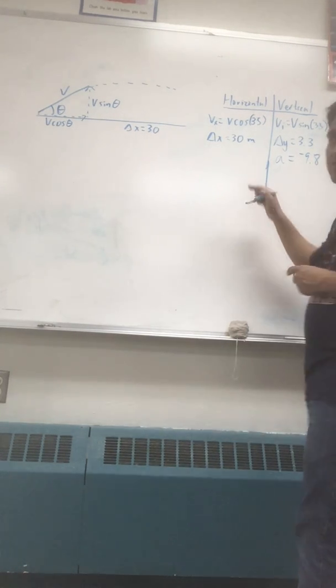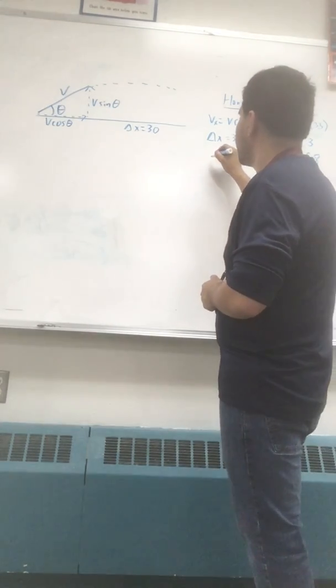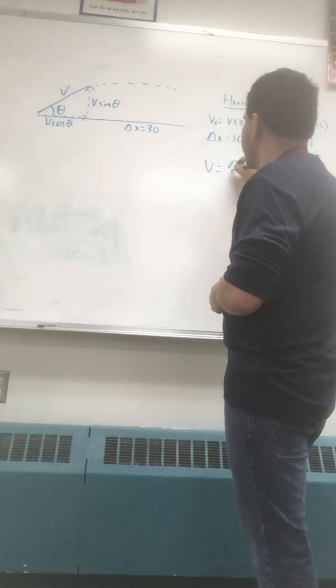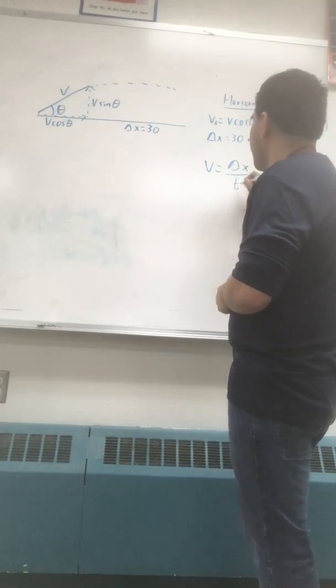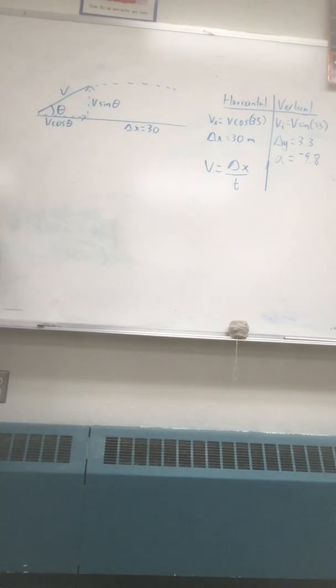What I can do is solve for the time over here, because I know that velocity equals the change of x over time. So I know from this equation that my horizontal velocity, V cosine of the angle, equals my change of x over time.